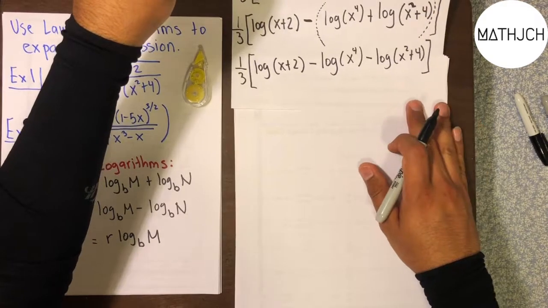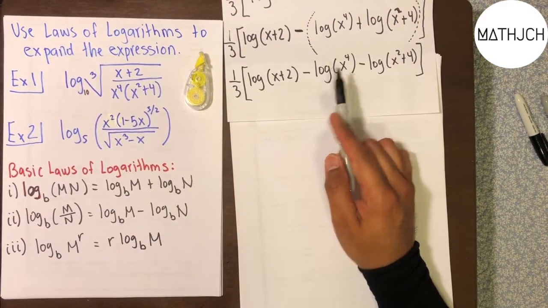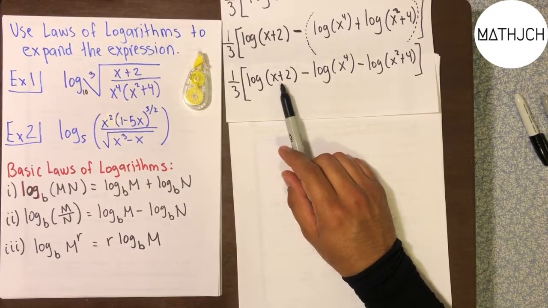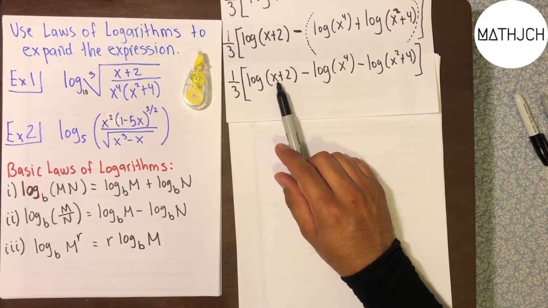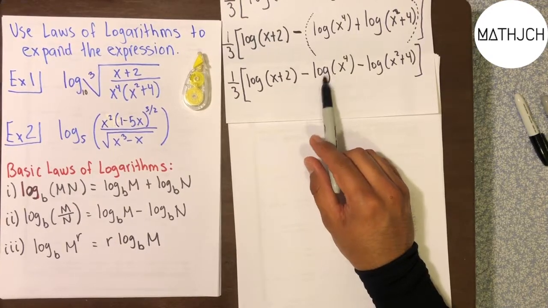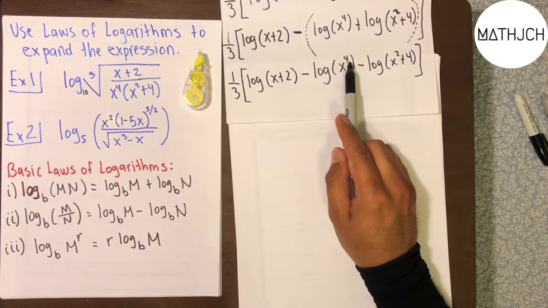Now, let's see what other terms we could apply the basic laws to. In this one, we cannot, because there's no law that says that if we have something adding, then we could expand it more. The second term, notice, we have log of something with a power.